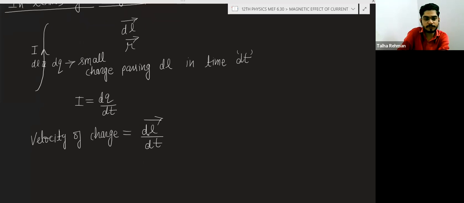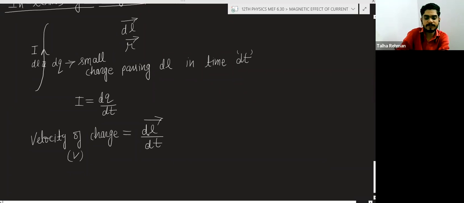So the velocity of the charge, which I will represent with v, is given by displacement dl, means from this dl the charge is flowing with a speed of v, and this is given by dl vector divided by dt.